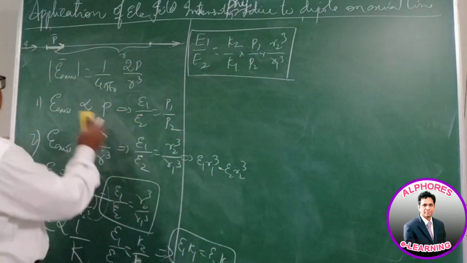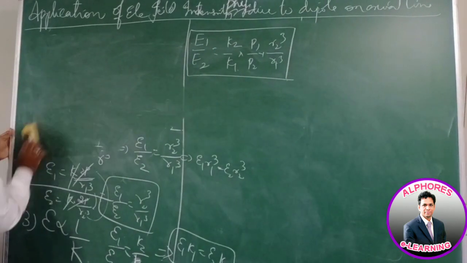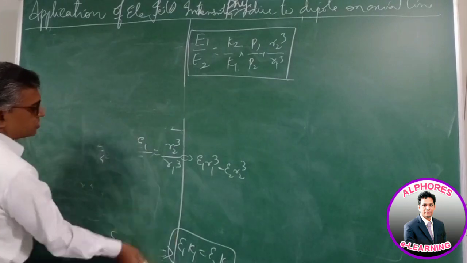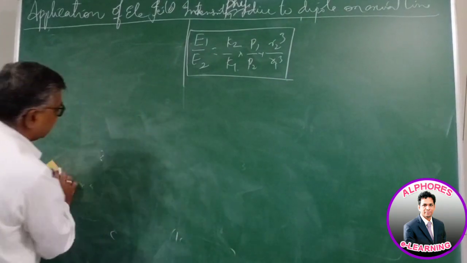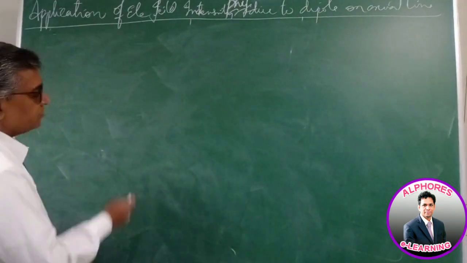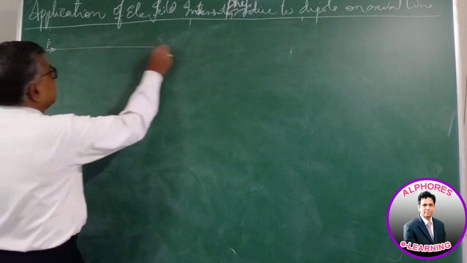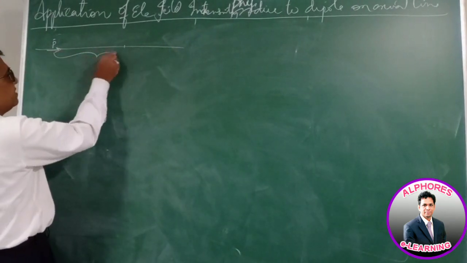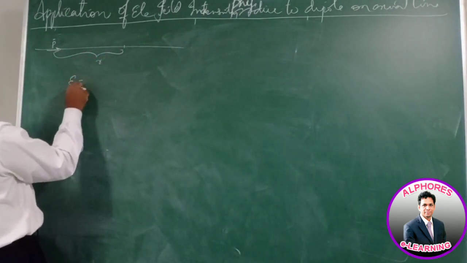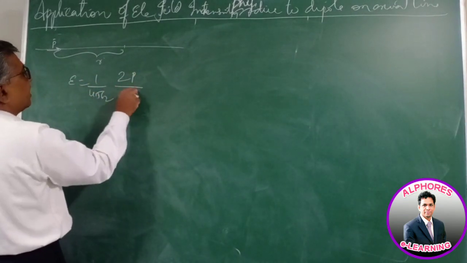Going a bit deeper into this, suppose I consider a point on the axial line of a short dipole P at a distance R. Then the electric field is 1 by 4 pi epsilon naught, 2p by r cube.